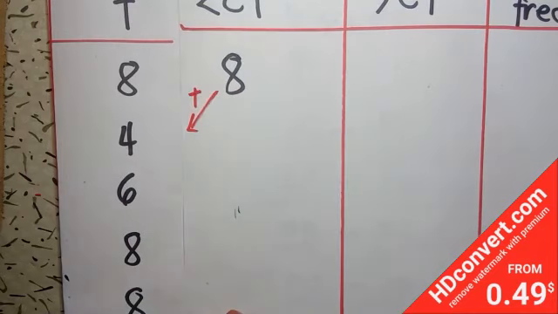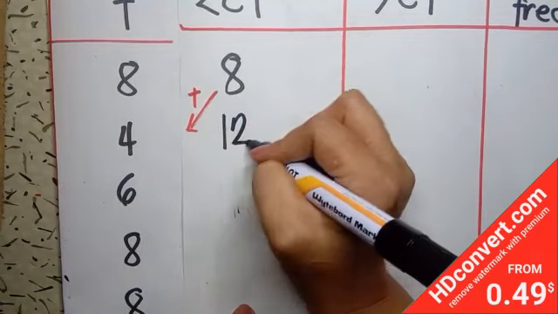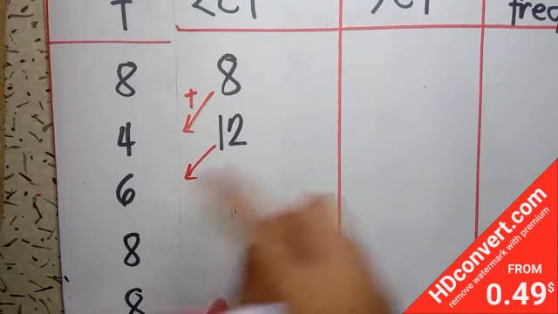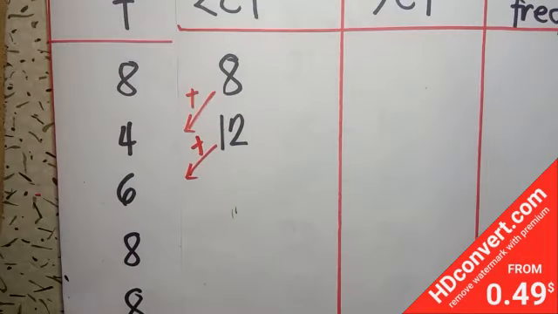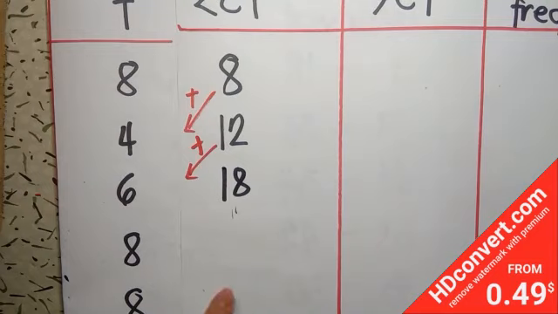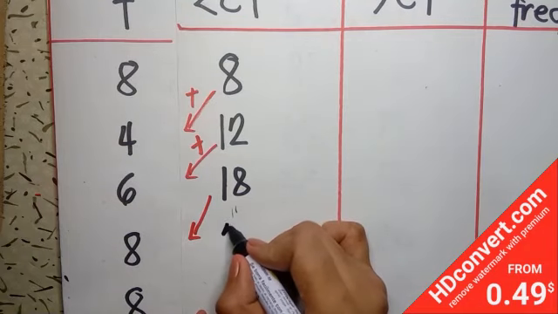So, 8 plus 4 is 12. Next, 12 plus 6 yung susunod. So, 12 plus 6 is 18. Next, 18 plus 8 is 26.